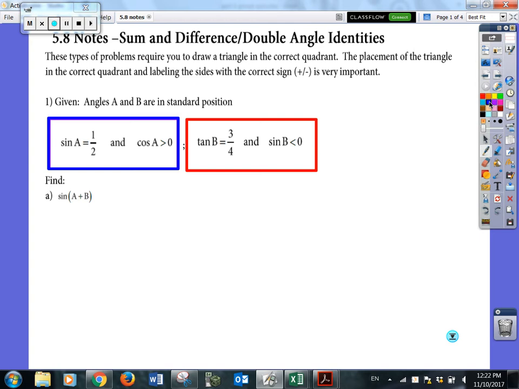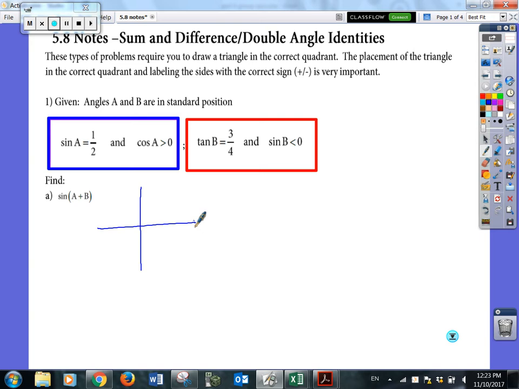So if I'm drawing these two triangles, we have a triangle with angle A and a triangle with angle B. The sum and difference is going to require two triangles. So for my angle A triangle, I have my four quadrants. And the first thing it tells us is that sine of A is equal to 1/2. Before we pay attention to the 1/2, we have to think about that it's positive.